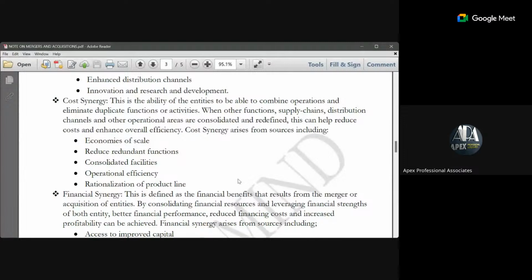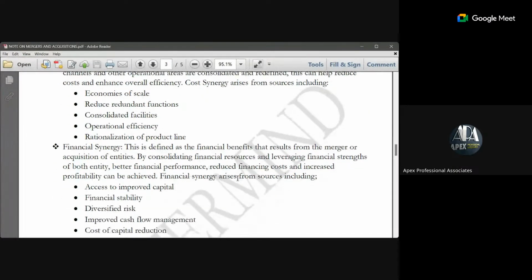So since I now have it, and since we have now combined, it is easy for us to rationalize our product line. We'll be able to reduce cost, we'll be able to cut costs, and at the same time, we'll be able to ensure that, yes, our product line are not less of value expected from us. So those are ways by which businesses can save cost through synergy. Now, I would proceed.